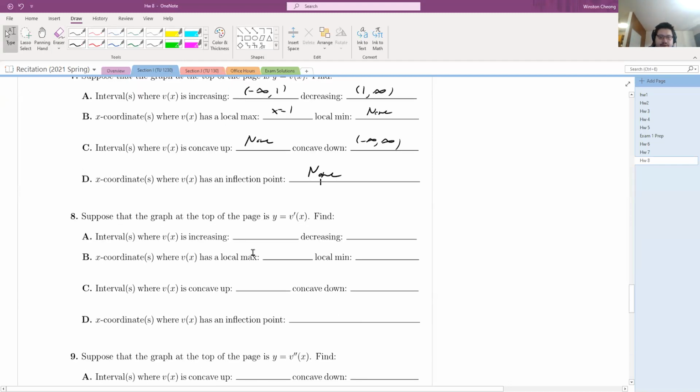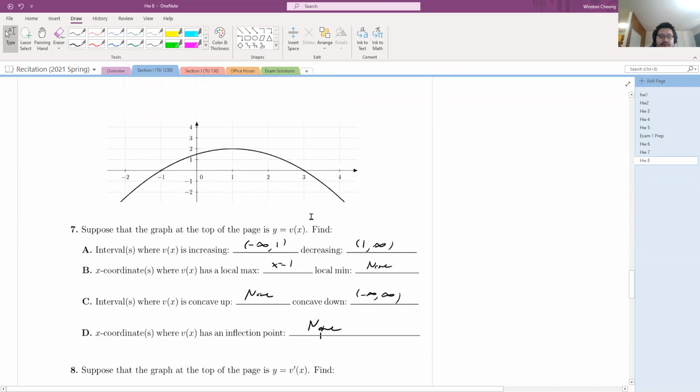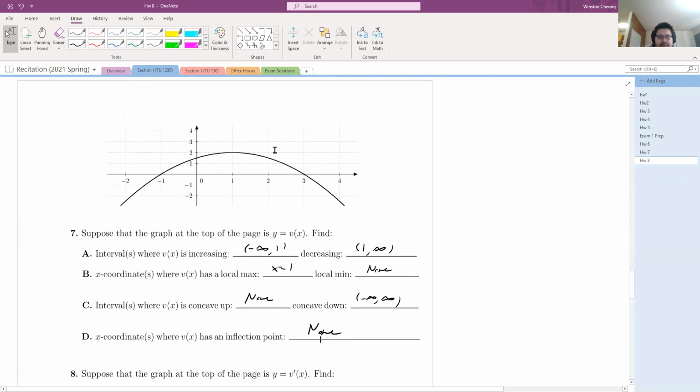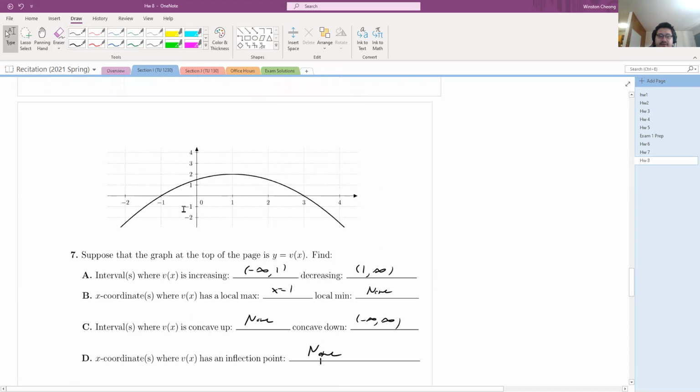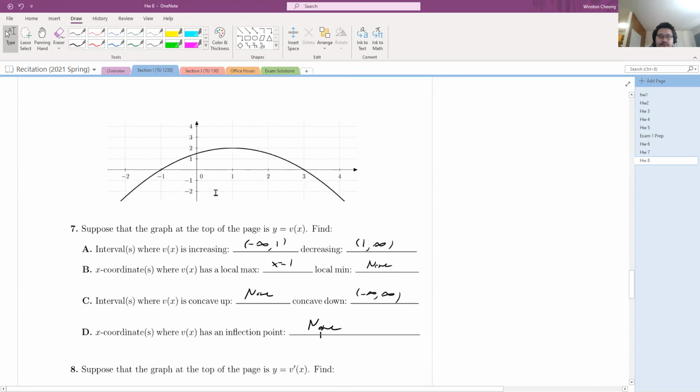Number 8. So now we think of this graph as depicting the first derivative. This is where we need to start thinking a little bit. Increasing means that the derivative is positive. Decreasing means the derivative is negative. And if we're viewing this graph as being the derivative, then it's increasing when the y value is positive.